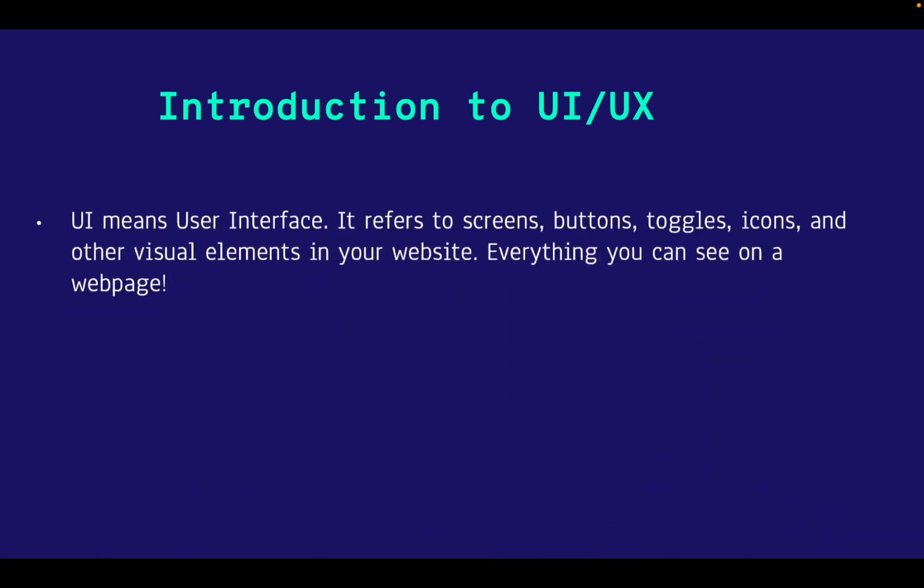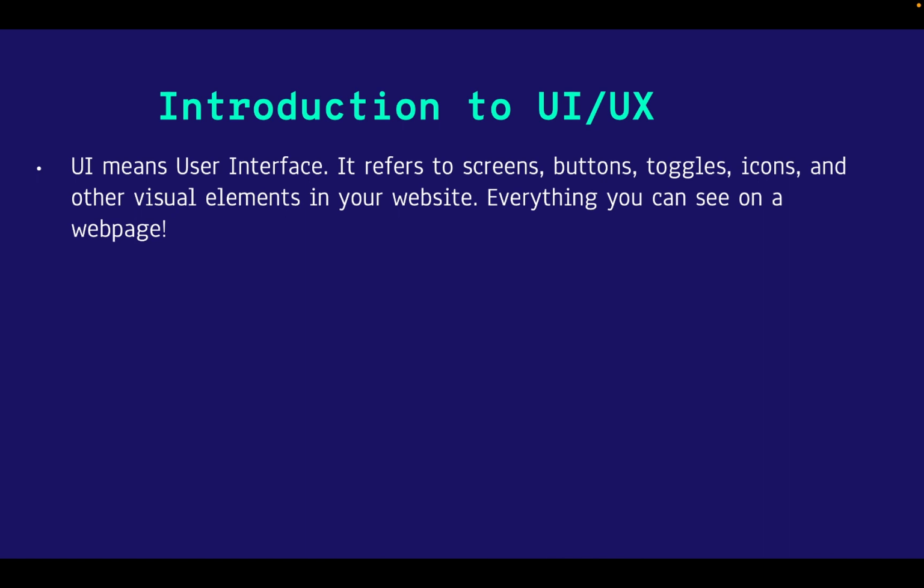Okay, so from the name, UI means user interface. UI means user interface. Don't forget that, right? And user interface refers to everything that you can see in a website: the screens, the buttons, the toggles, the icons that we have, the Roblox icon, the Facebook icon, and all of that, right? And other visual elements in your website.